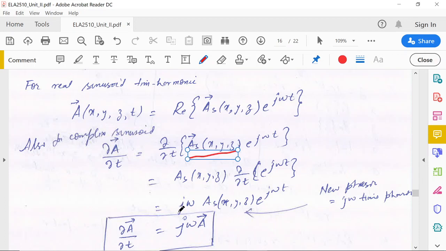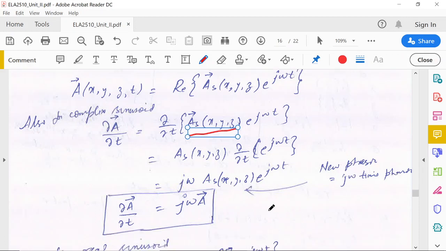If you analyze this, the whole quantity is an instantaneous vector, and what is its phasor form? If you split out the time part, the remaining part is the phasor form. So the phasor form of this new vector is j omega A_s(x, y, z). The new phasor will be j omega times the phasor.